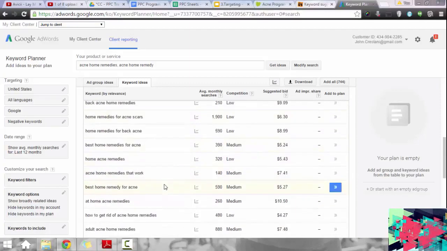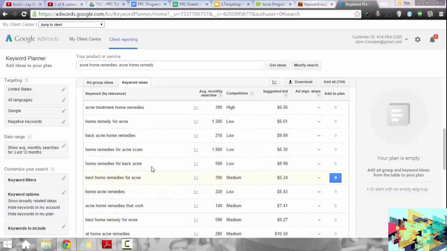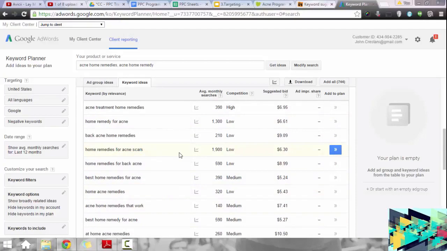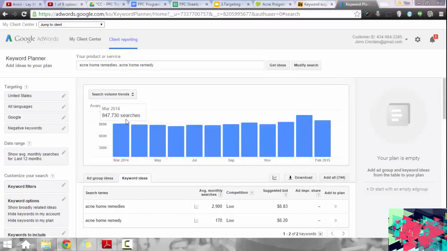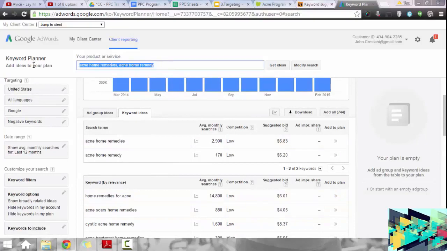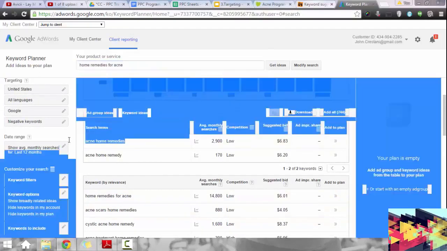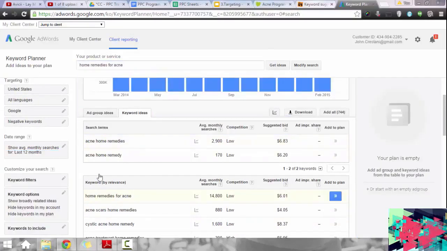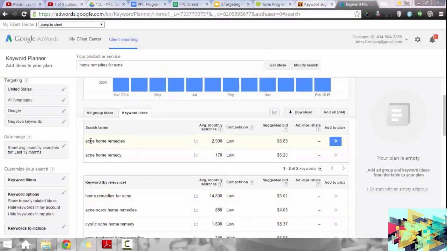Home remedies for acne scars. Best. So now we have to change this out as this has to be our root keyword now, because acne home remedies is the same three words.